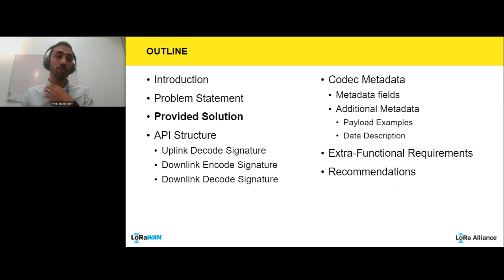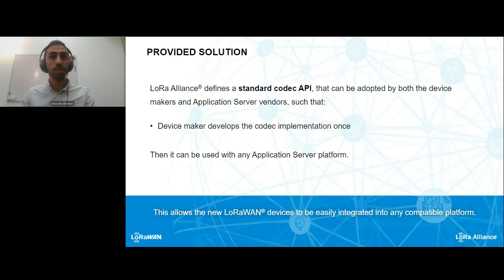What's the solution provided by the LoRa Alliance Technical Committee? In order to face the time and effort complexity, the LoRa Alliance defines a standard codec API that can be adopted by both the device makers and application servers, which was the goal of this specification. So why are we proposing to standardize the codec?